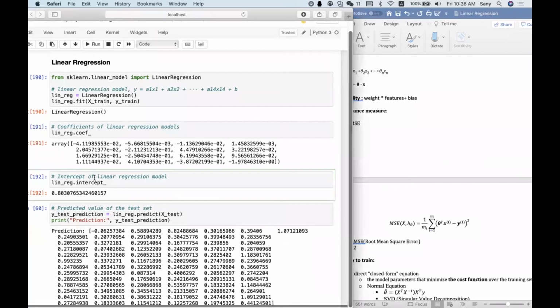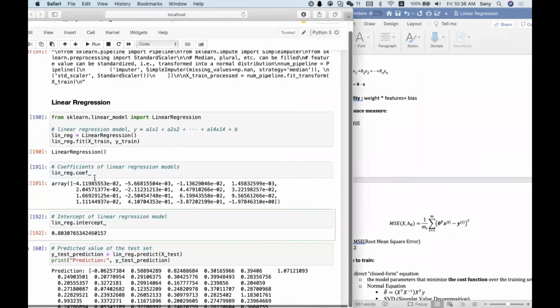Now we have trained a linear regression. We have trained a machine learning algorithm, and we can use the trained algorithm for a new data set. The new data set comes from the division we made before, the test set. Test means a new data set for evaluating the performance of these algorithms.